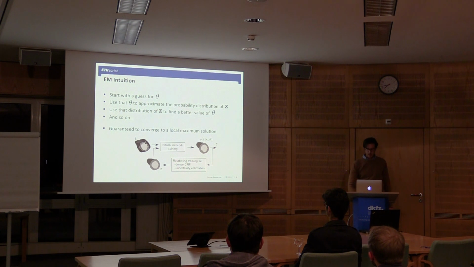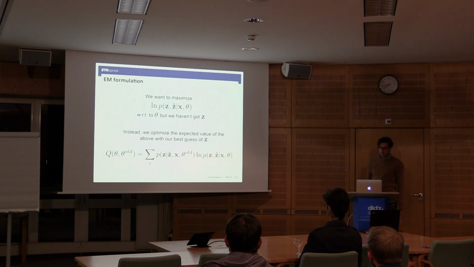And it's shown that this will at least converge to a local maximum solution. So, again, putting it into a picture: we train a network, we estimate this distribution of our labels, we relabel our training set, and we retrain the network, and we do this in a loop a couple of times.